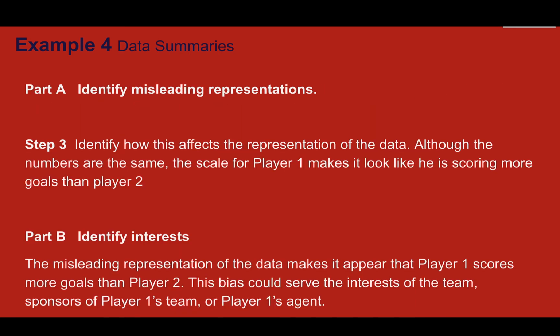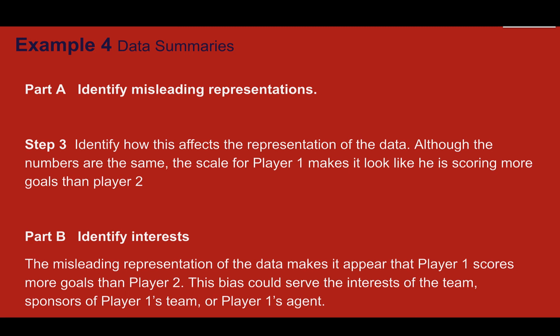So our second part to this was whose interests are served by doing this. The misleading representation of the data we saw makes it look like player 1 scored more goals than player 2. We know that wasn't the case. Who could that serve? Well, that could serve the interests of player 1. If people who are not paying attention see the graph from player 1, they're thinking player 1 gets more goals.